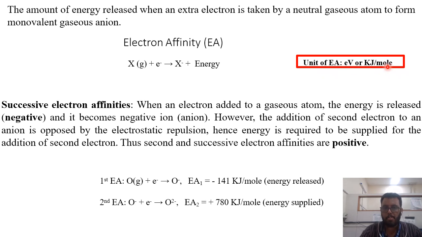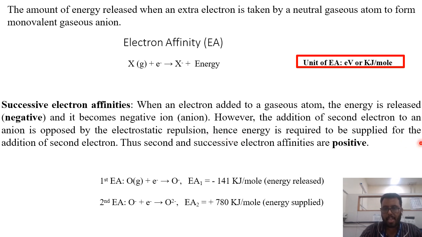Successive electron affinities, which means EA1, EA2, etc. When an electron is added to a gaseous atom, the energy is released, which means it is negative, and it becomes a negative ion, that is anion. However, if you add a second electron to an anion, then already one negative charge is there, and it will be opposed by the electrostatic repulsion, electron-electron repulsion.